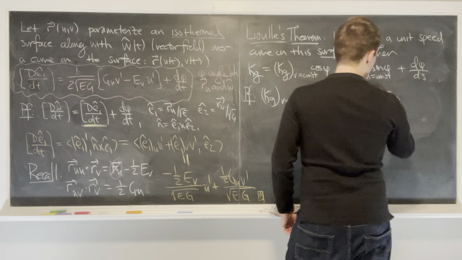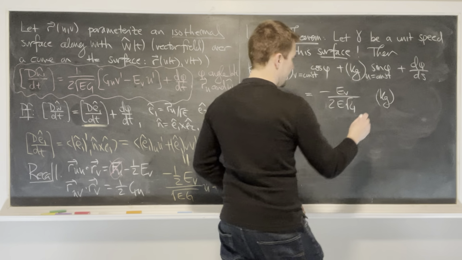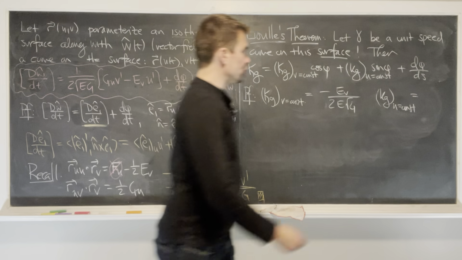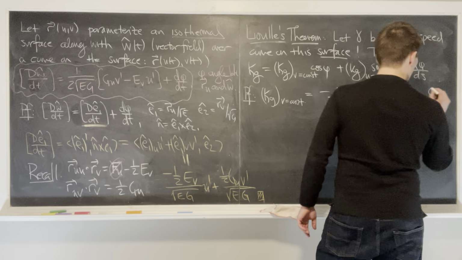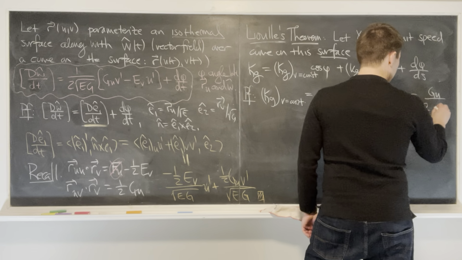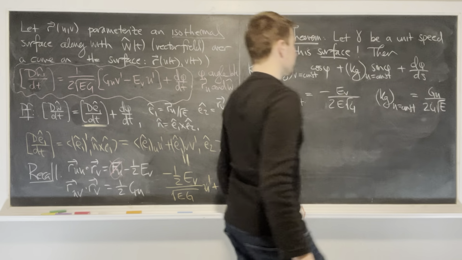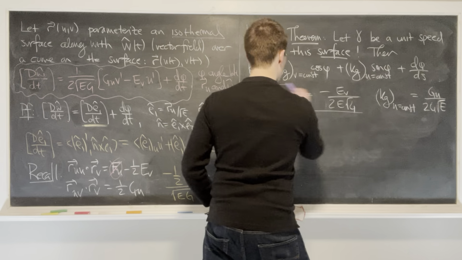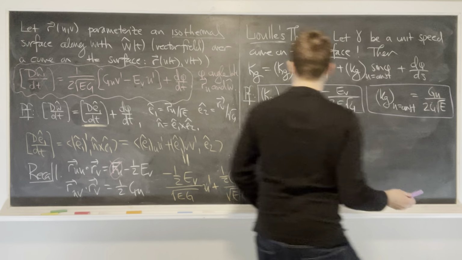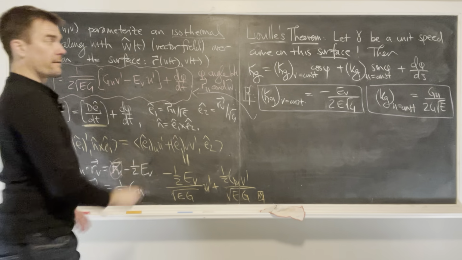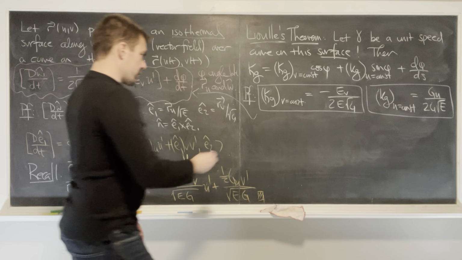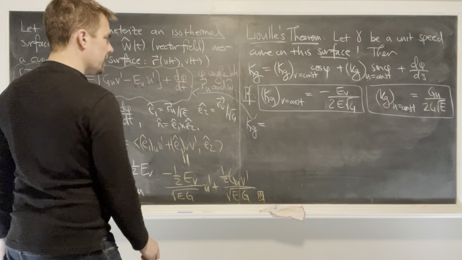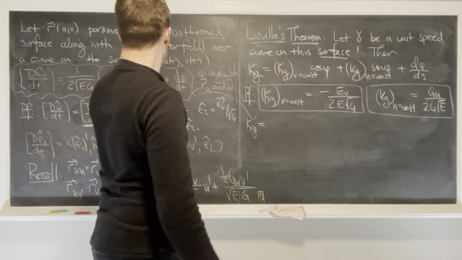And then similarly, kappa g when u is constant is going to be what? It is going to be G_u over 2G root E. Now if we take these relationships and fill them into the lemma, what will we conclude? We'll conclude from this that kappa g is going to be this term over here, right?